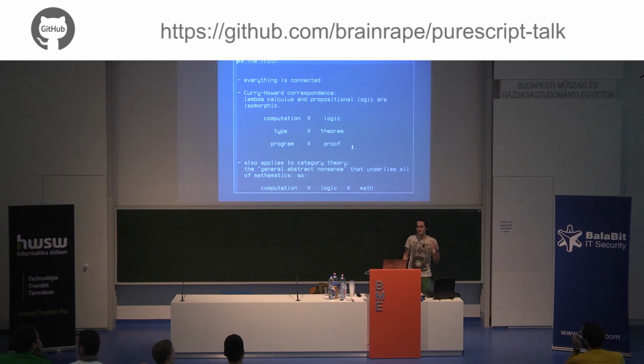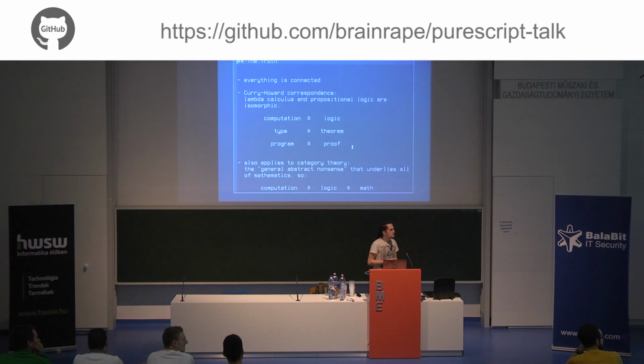And in statically typed languages, that is exactly what you do. If you write a proof that is wrong, the compiler will reject it. The compiler checks your proofs based on your theorems. So, yeah. Go on. Okay.